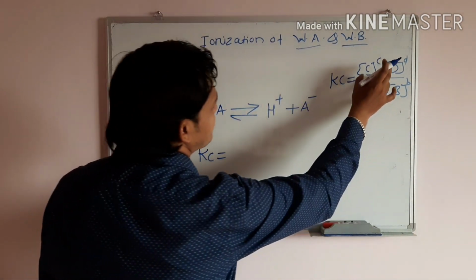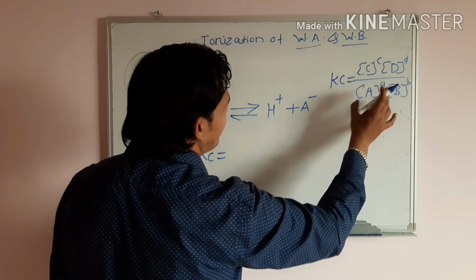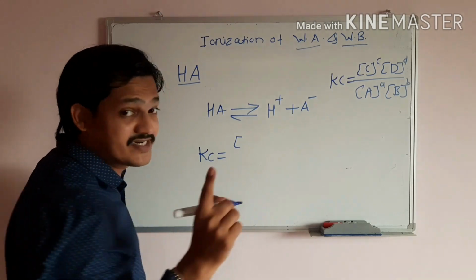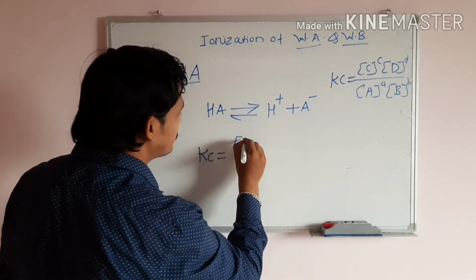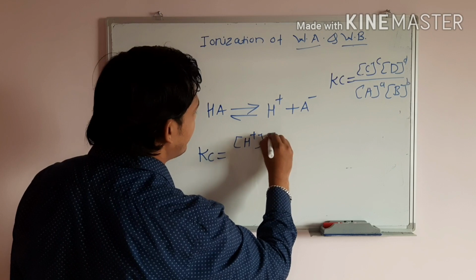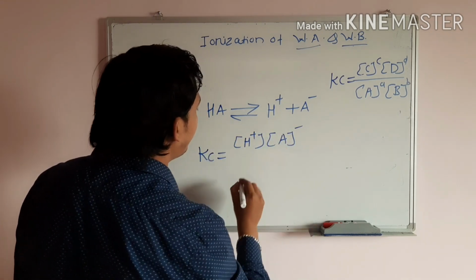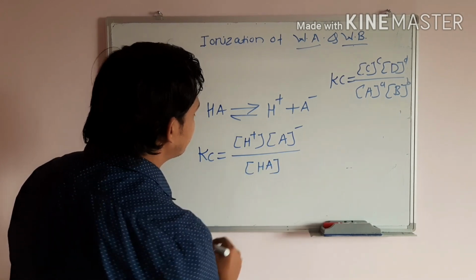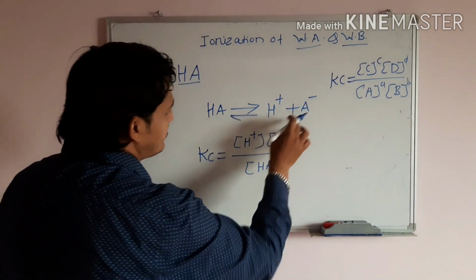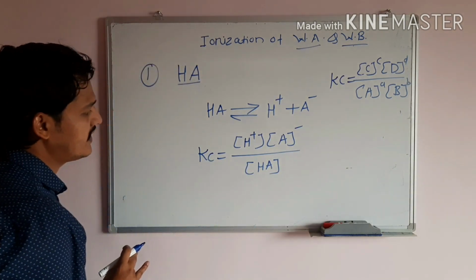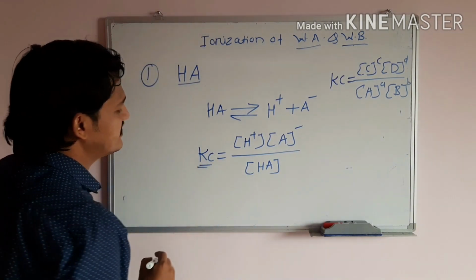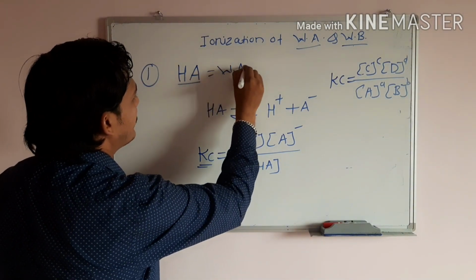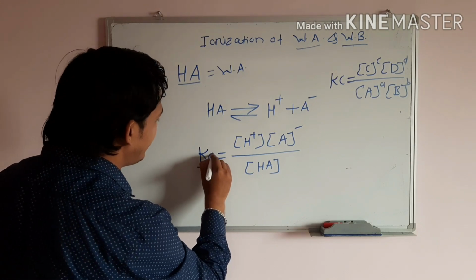The products' concentrations with their coefficients divided by the reactants' concentrations with their coefficients. What are the products? H plus, and its concentration is always expressed in square brackets. So I am writing H plus in brackets, A minus, divided by HA. H plus, A minus divided by HA. Okay, now this is the Kc. Kc is the general term. We have to write HA, it is a weak acid. Now the constant is denoted as Ka.